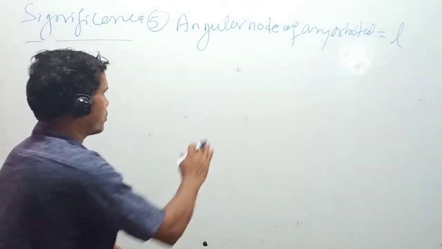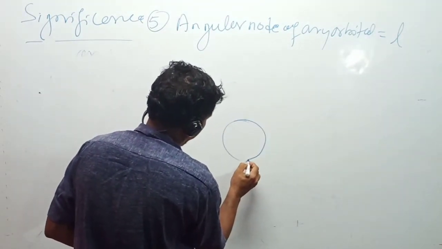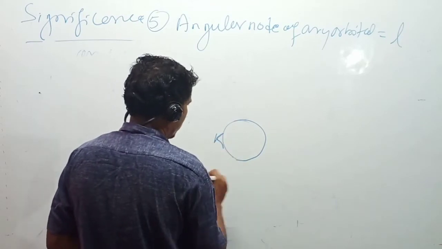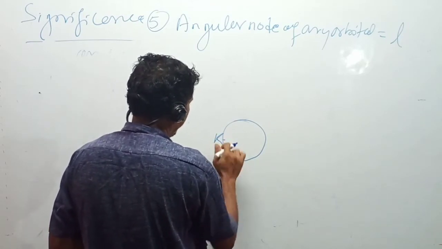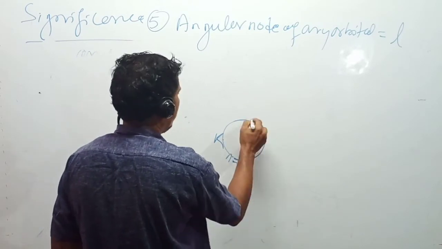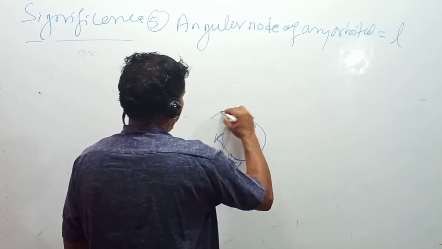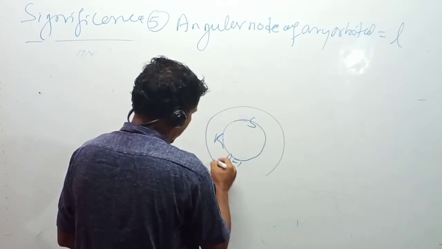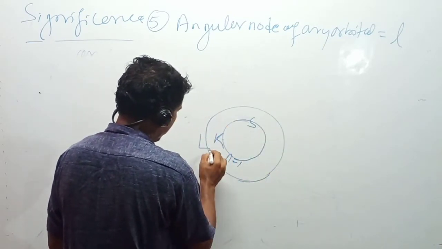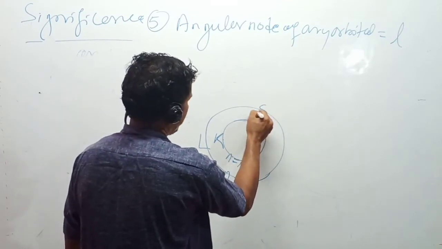Before we finish, you have to remember. Suppose this is K shell, the principal quantum number n equal to 1, subshell will be 1, that is s subshell. For L shell, n equal to 2, subshells will be 2, that is s and p.